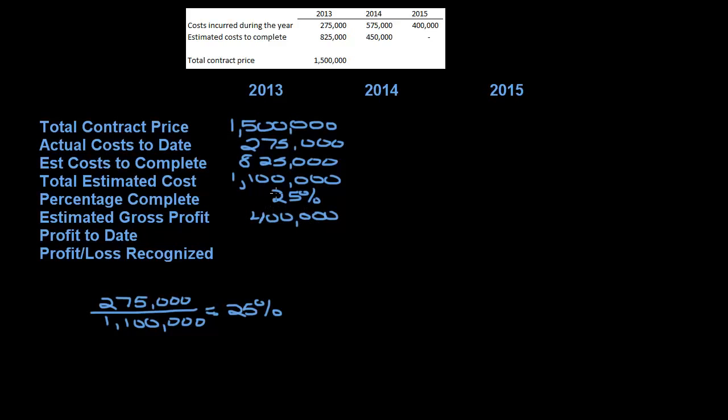Now, we believe that 25% of the contract is currently completed based on the estimated costs. So my gross profit to date would be 25% of the total estimated gross profit. So therefore, my profit to date would be 25% of the 400,000, or 100,000.